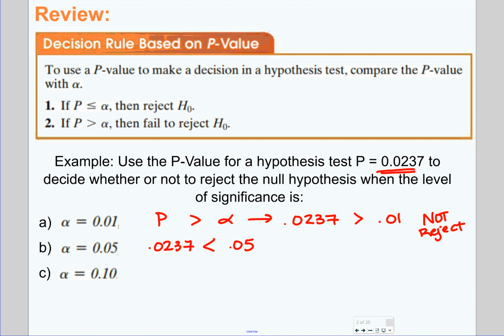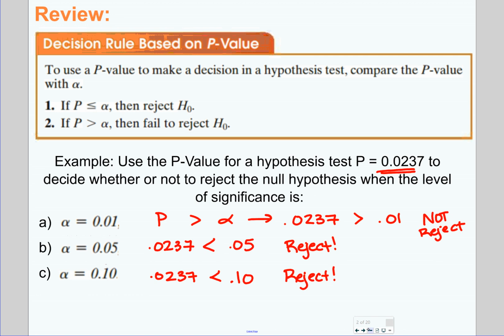So as long as P is less than, we would reject the null hypothesis, which would mean there is enough evidence to either reject or support the claim that's being made. And then the last one, these are getting bigger each time, 0.1, also less than, so we would make a decision to reject. Okay? Questions there?